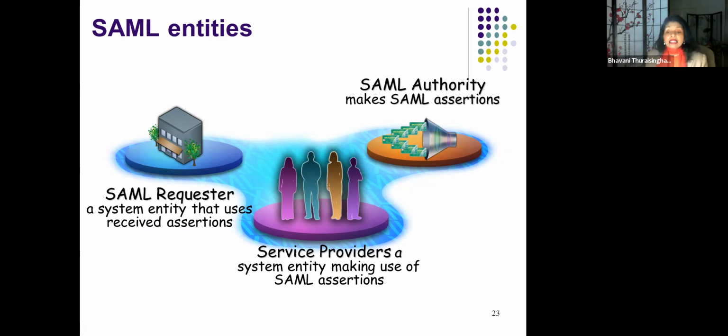So let's say it's a Microsoft organization, and somebody has applied for a job. Now, Microsoft is such a massive company, they don't have the time to verify all the checks. So they contract it out to a service provider. It's a relying party, requester, a service provider, a system entity that makes use of SAML assertions.